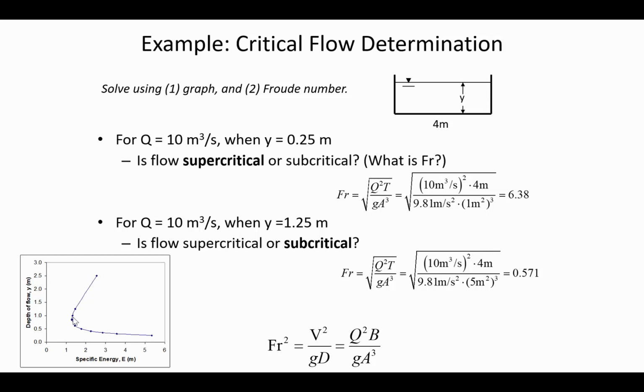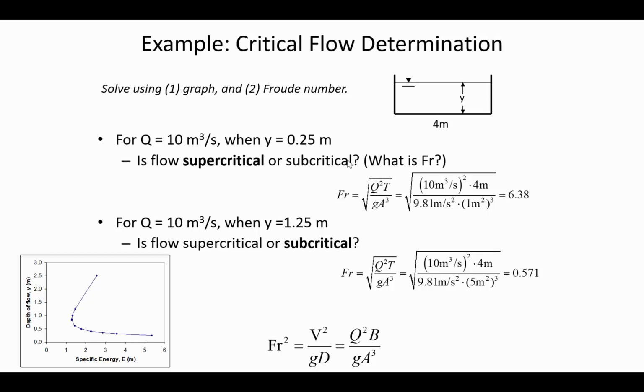Here's the minimum specific energy, which is the critical depth. So any depth less than the critical depth is going to be supercritical. And so if it's a flow depth of 0.25, that's below the critical, which is 0.86. So we know it's supercritical both from the figure and also because the Froude number tells us that greater than 1 means supercritical conditions.